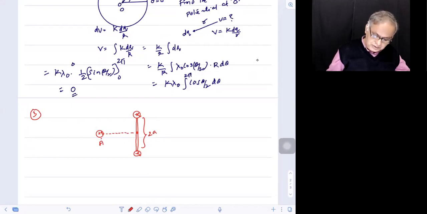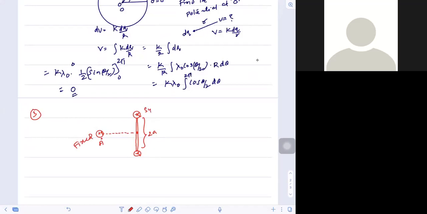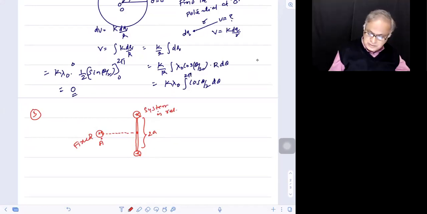You know, this is fixed here at A. This system is released from rest at the instant shown.